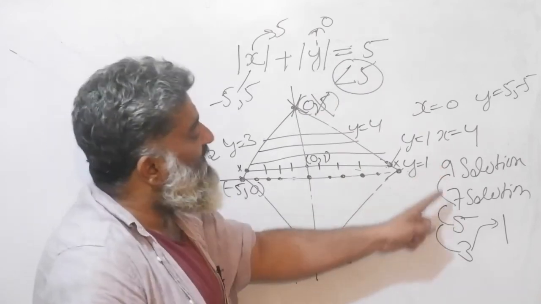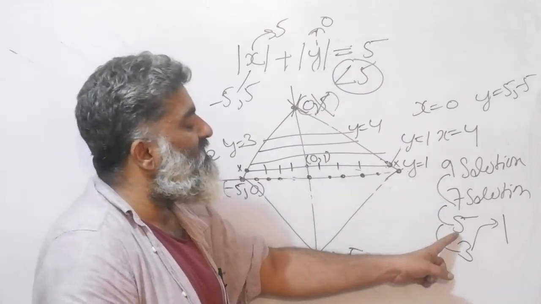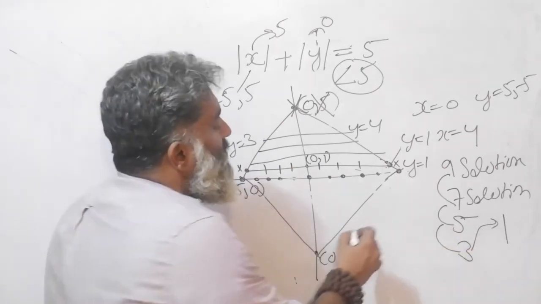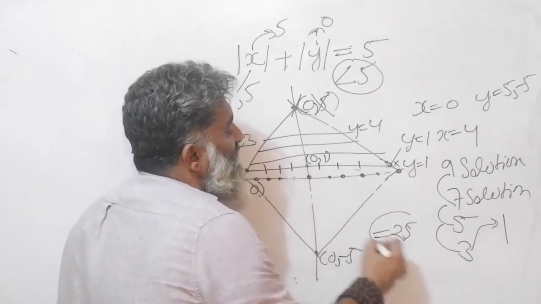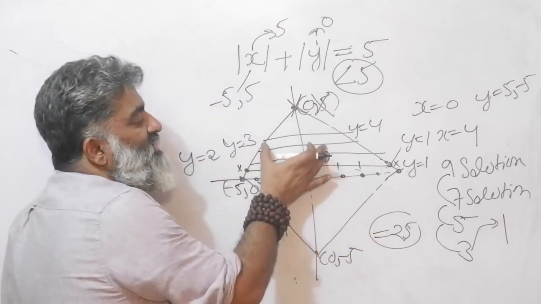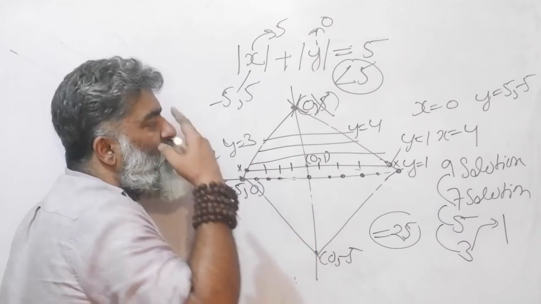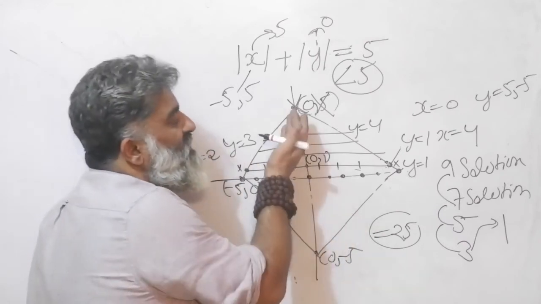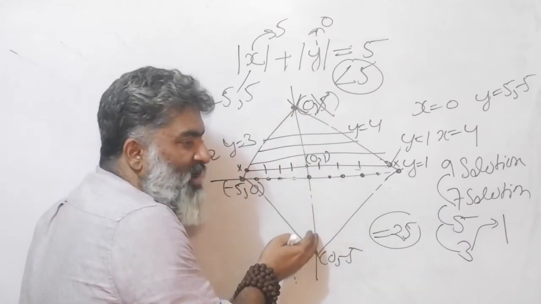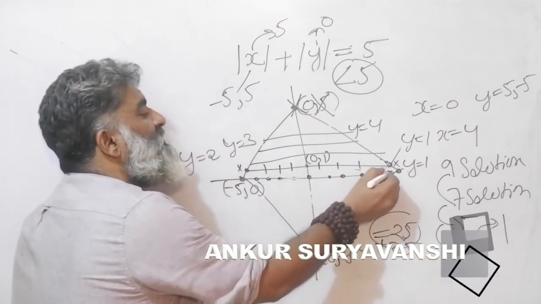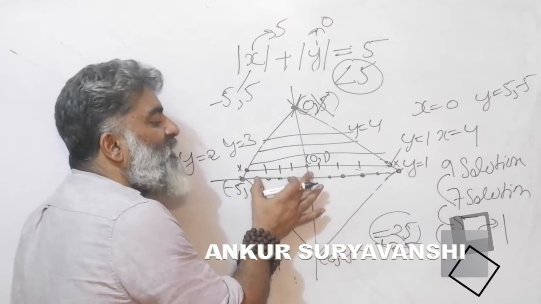Okay, so 9 plus 7 is 16, plus 5 is 21, plus 3 is 24, and 1 is 25. So my total comes out as 25, but that is only for this region, right? I should also think about this region, and some of you might be thinking that okay, for this region I found 25, so this region also I will find 25, which you can do, 25 plus 25, but remember this line is common to both, you have already counted it.